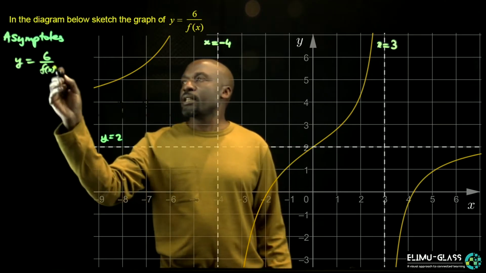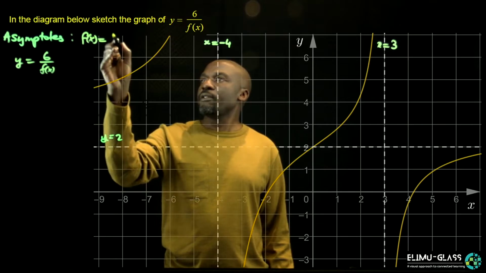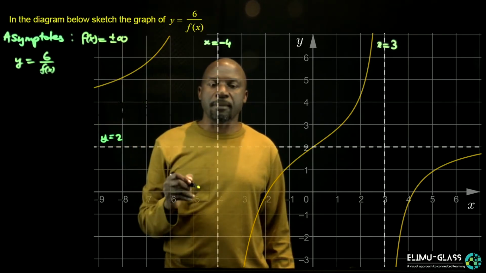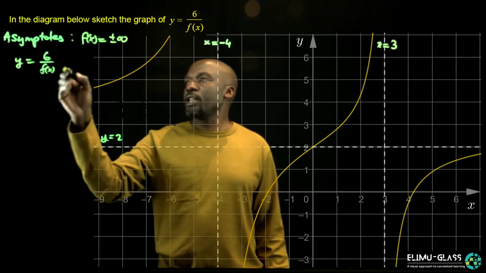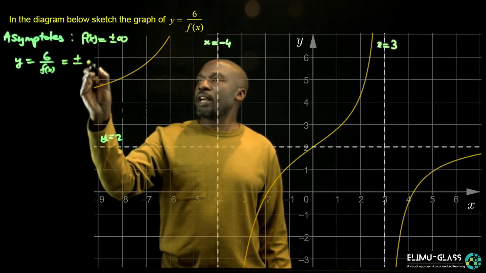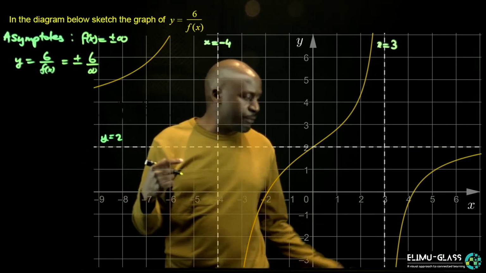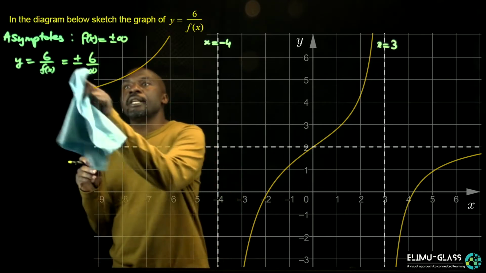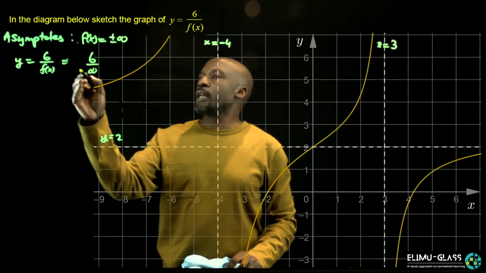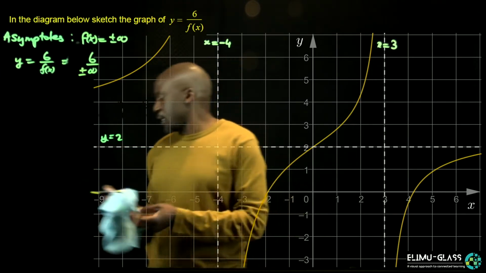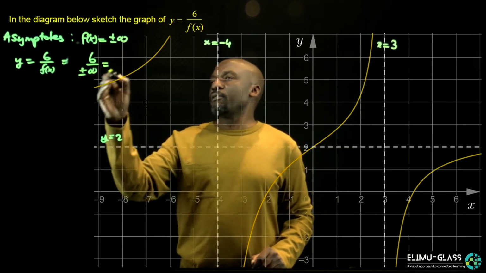At the asymptote, f of x is either positive or negative infinity. That means our value of y, the reciprocal function, is going to be 6 over positive or negative infinity. The result of that is that the value of y is going to be 0.